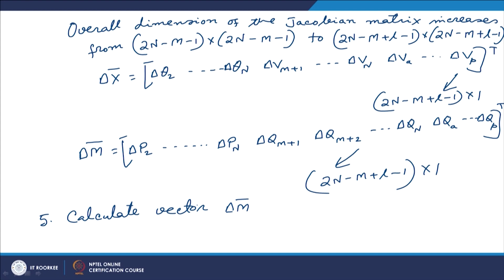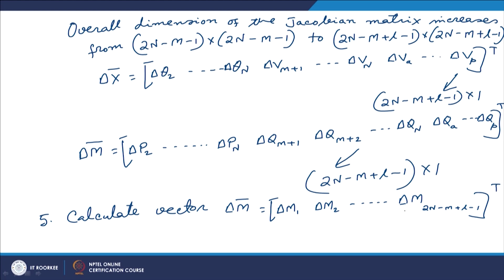We calculate all these elements, and let us say this delta m vector is defined as delta m 1, delta m 2 up to delta m 2n minus m plus L minus 1.